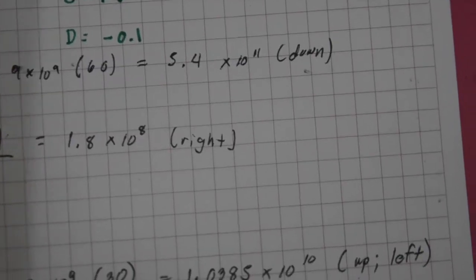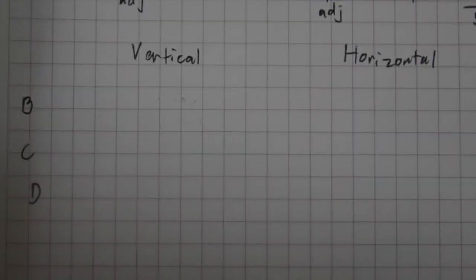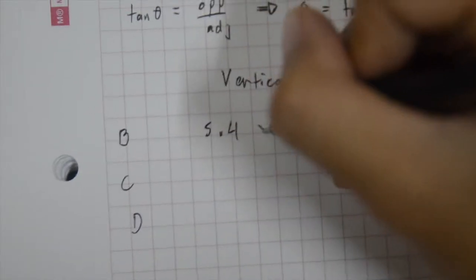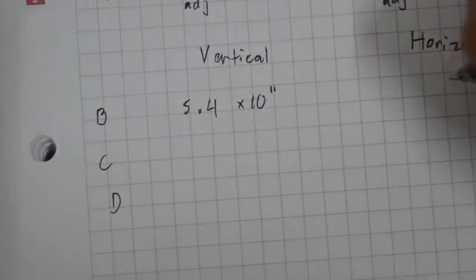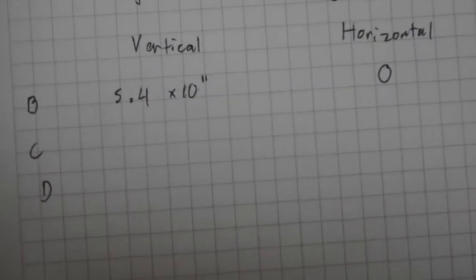We'll have B, C, and D. For B, if you recall, the value we have is 5.4 times 10 to the 11th down. So let's place that here, down, so vertical. That's 5.4 times 10 to the 11th. It has 0 for horizontal.